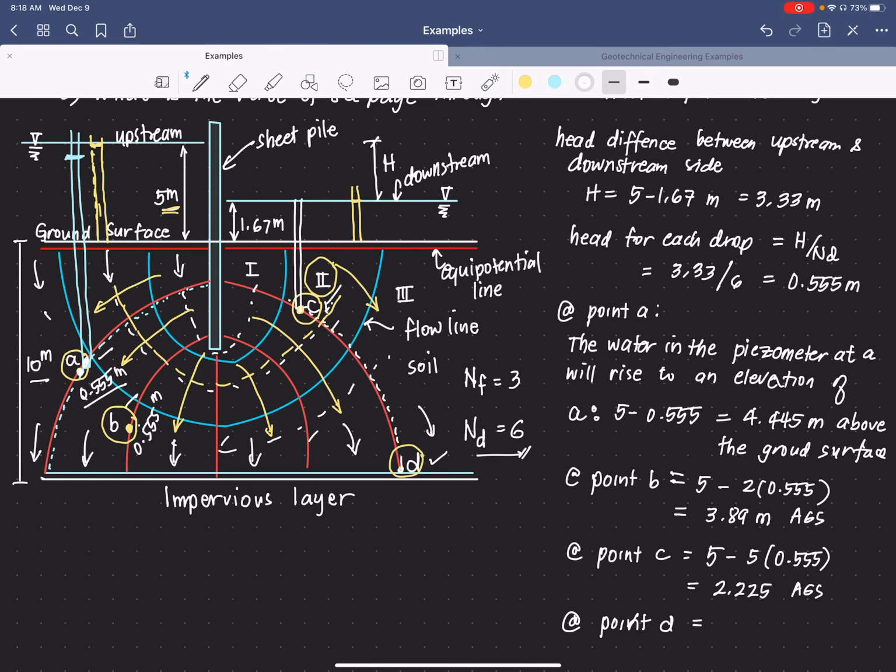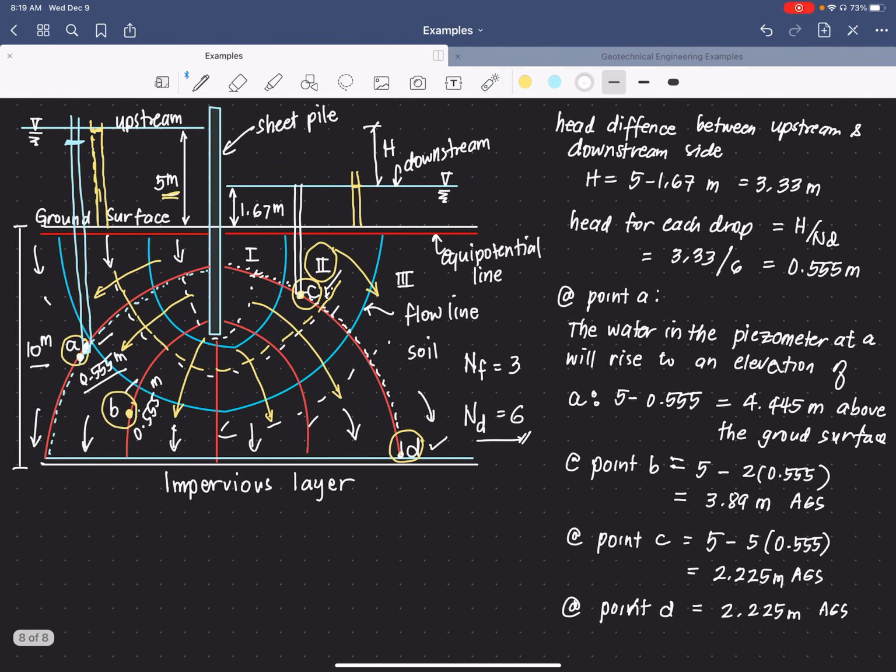And we said that the head along a certain equipotential line would be the same, which means that the reading in the piezometer at point D would also be equal to 2.225 meters, also above the ground surface. So that would be the answer for the first question.